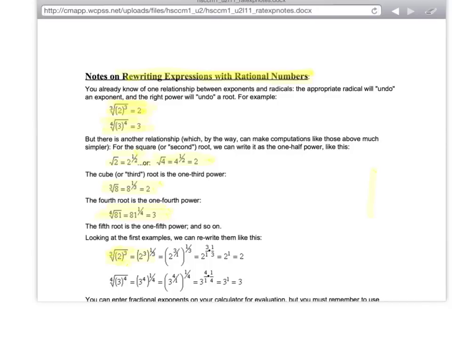Once we take the cube root, it now equals 2 to the third power raised to the 1/3 power. Then if we write that out, we know that 2 to the third power raised to a power of 1/3 equals 2 to the third power times 1/3 power. That equals 2 to the first power, which then equals 2.